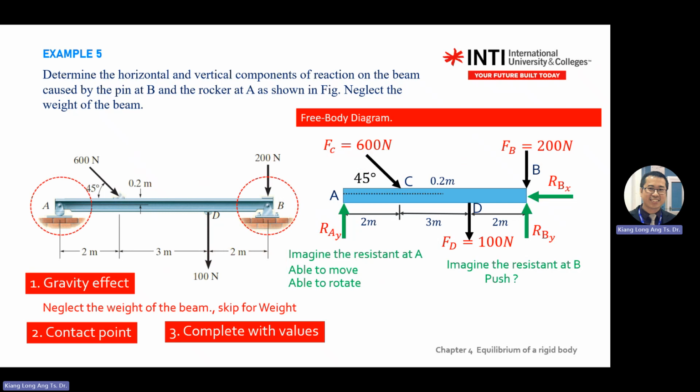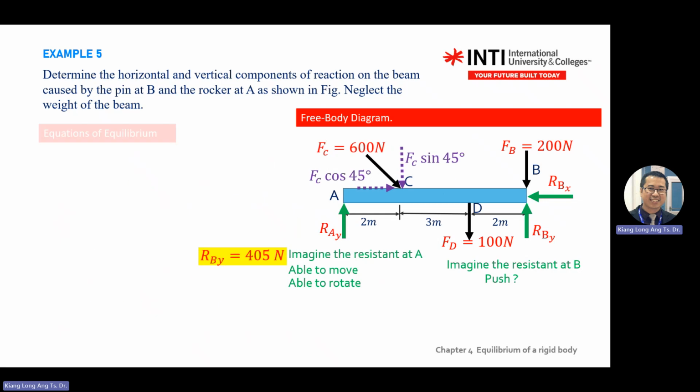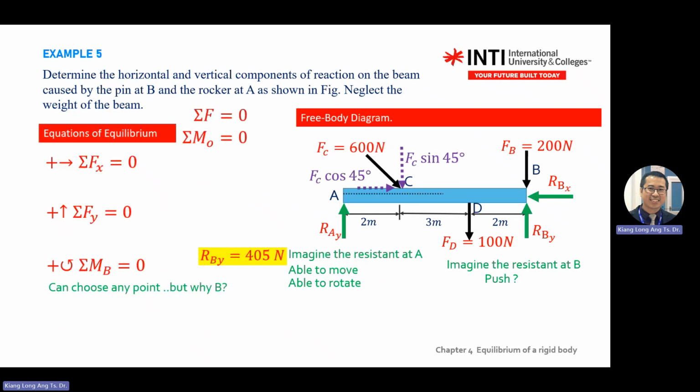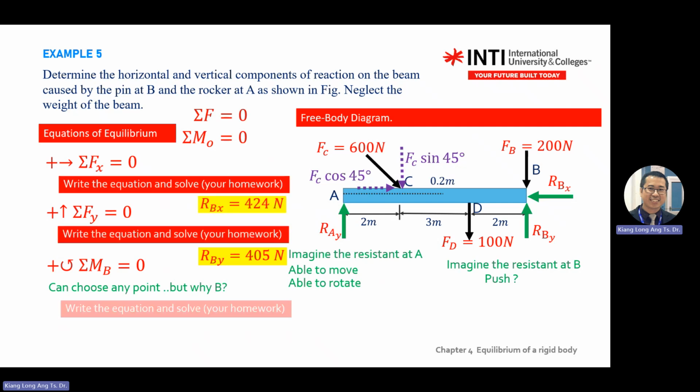Some of you might miss the 0.2 in the moment equation. So then you solve. The answer for RBX is 424. RBY answer is 405. Resultant at A is 319 Newton. This is just for your check. You substitute and this one.